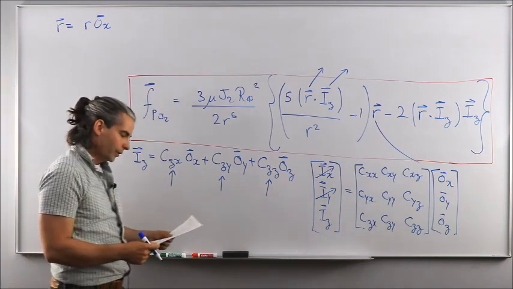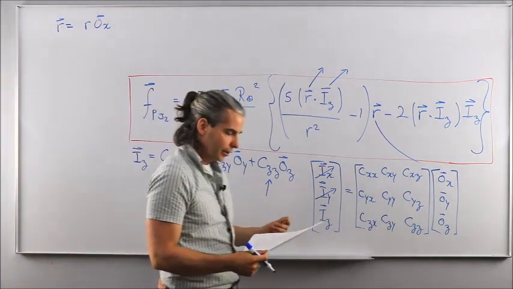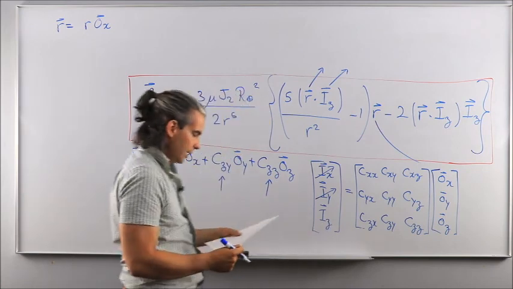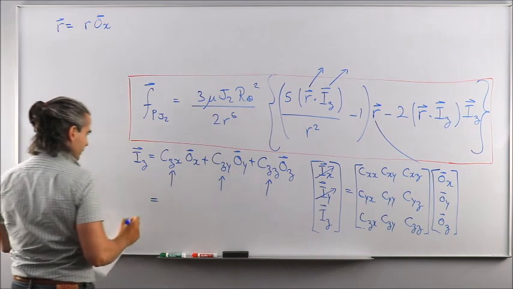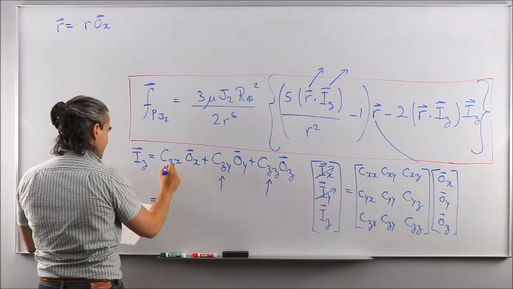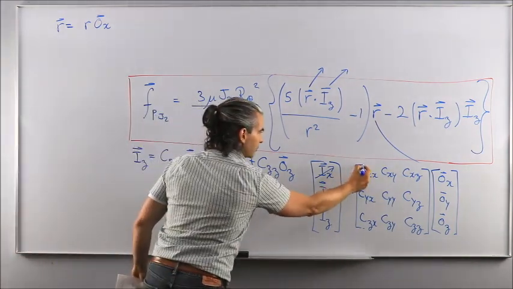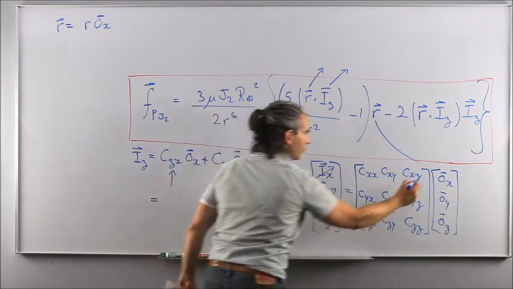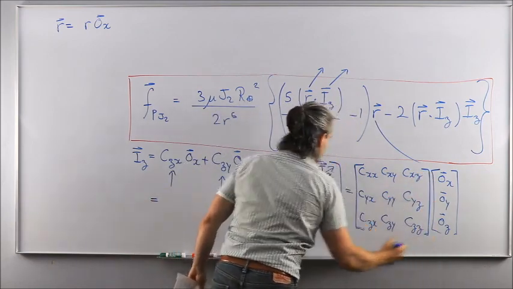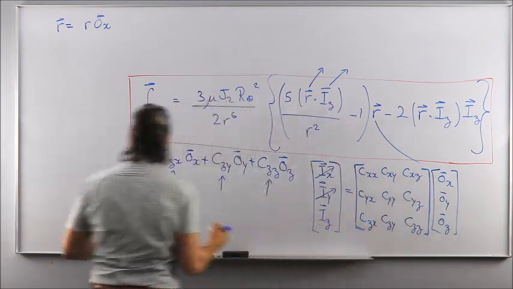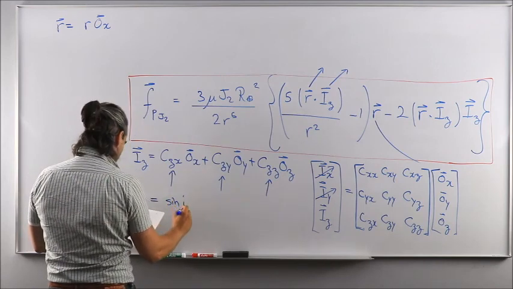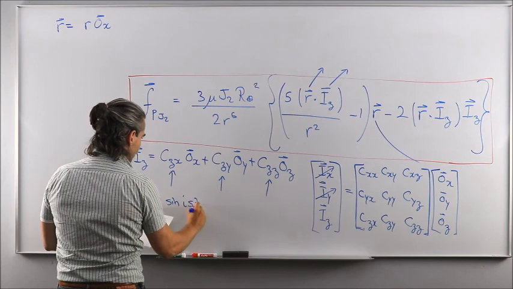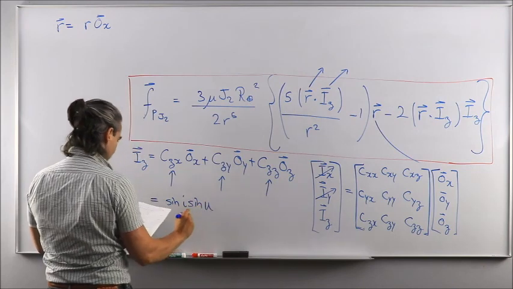Well, for that, hopefully you have solved problem 1.2 in chapter 1. And if you have done things properly, you should have found that CZX in the rotation matrix that you had solved for in 1.2 should be equal to sine inclination, sine argument of latitude.